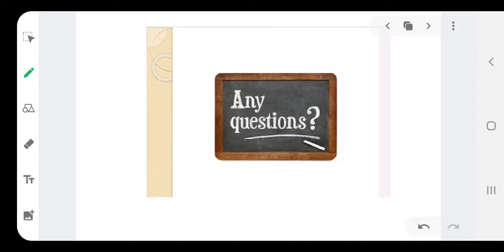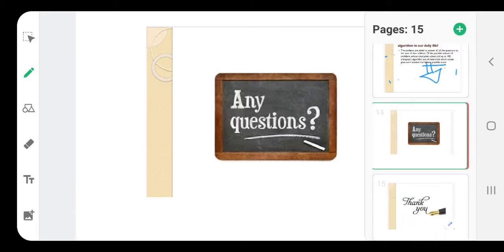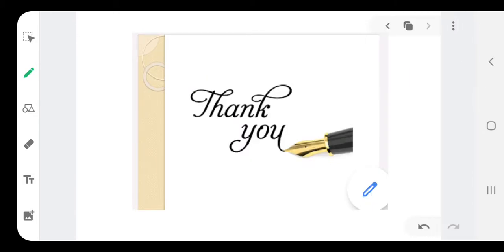I think the concepts related to the knapsack problem are clear to you. In case you have any problem, just let me know. Thank you.